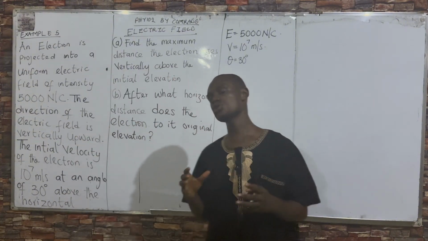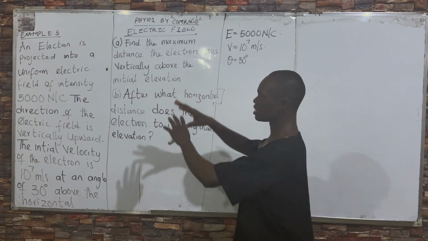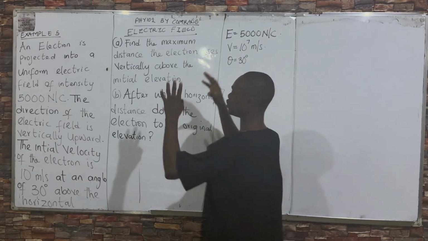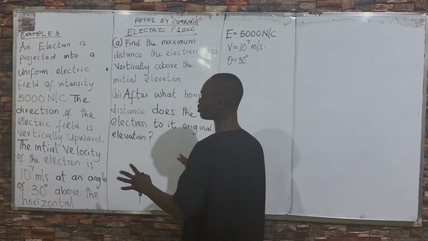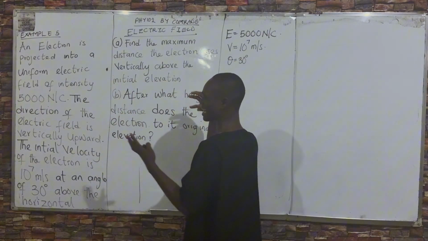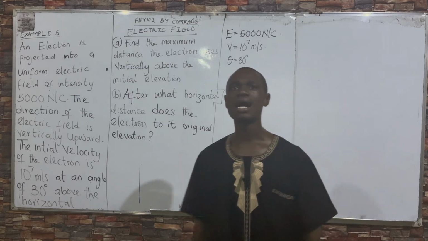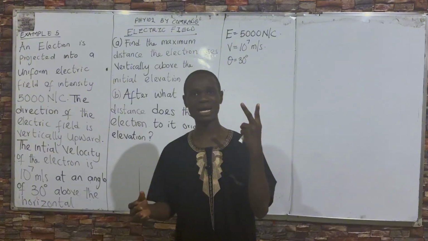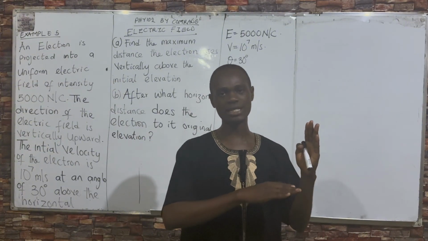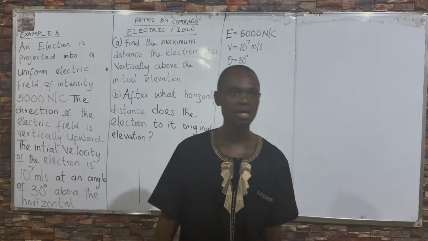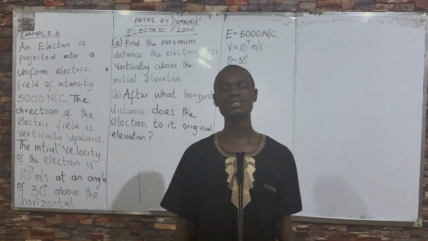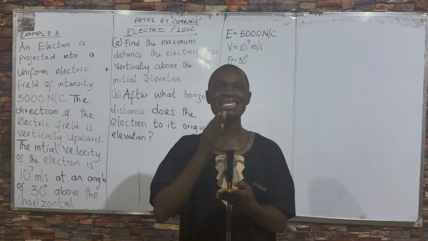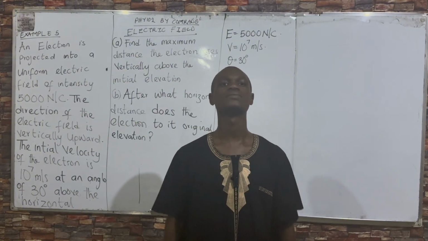If you look at this question, you will notice that it is a prototype of projectile motion. You are basically seeing projectile motion in which electric field is incorporated. You must not forget your analysis in projectile motion that projectile motion is a two-dimensional kind of motion which occurs in the horizontal axis, which is the x-axis, and in the vertical axis, which is the y-axis. Both motions, horizontal and vertical, are independent of each other.